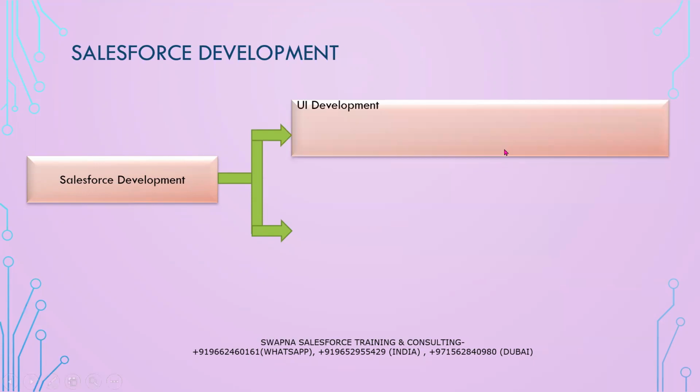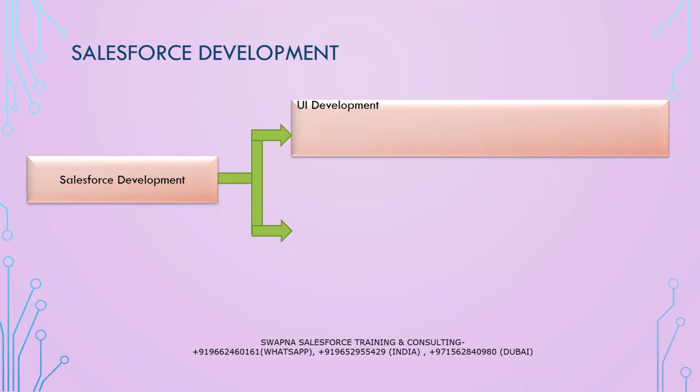The first one is user interface development. Whenever you log into Salesforce, you see the screens, whether it is the object manager, whatever screens you are seeing on the front end, those are all called user interface, right? Through the user interface, we are interacting with Salesforce.